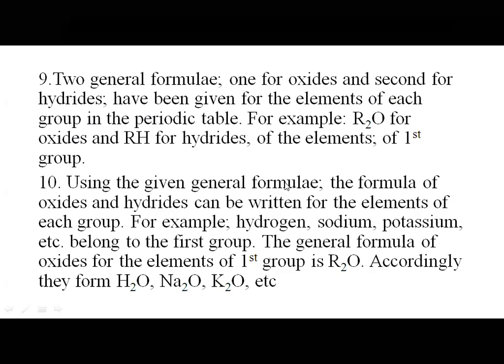Using the given general formulae, the formulae of oxides and hydrides can be written for the elements of each group. For example, hydrogen, sodium, potassium, etc. belong to the first group, so the formula of their oxides is R2O. Accordingly, they form H2O, Na2O, K2O, etc.